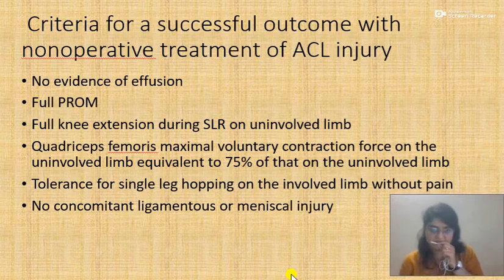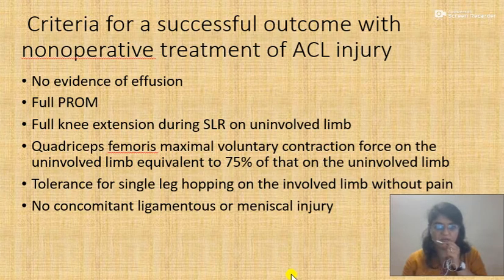First is no evidence of effusion, full passive range of motion, full knee extension with SLR on the involved limb, quadriceps femoris maximal voluntary contraction force on the involved limb equivalent to 75% of that on the uninvolved limb, tolerance for single leg hopping on the involved limb without pain, no concomitant ligamentous or meniscal injury.